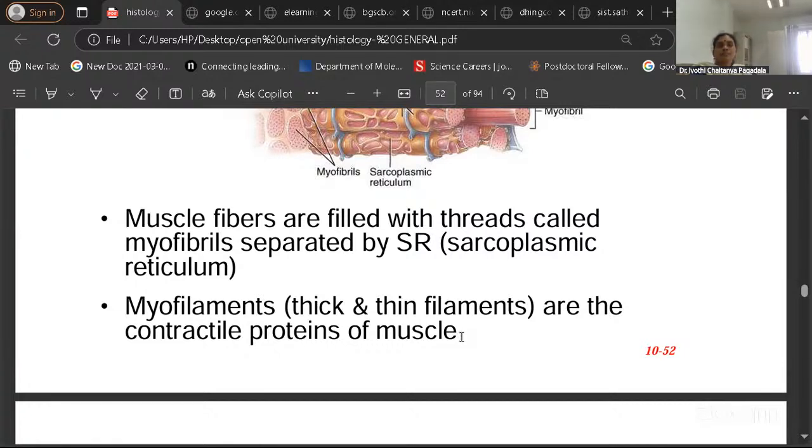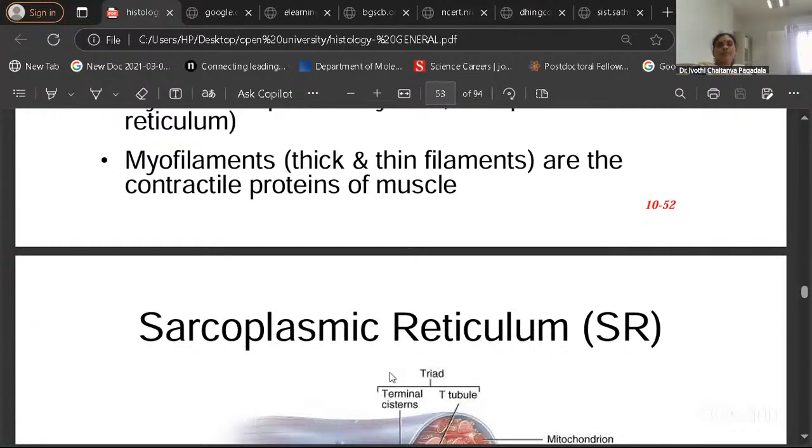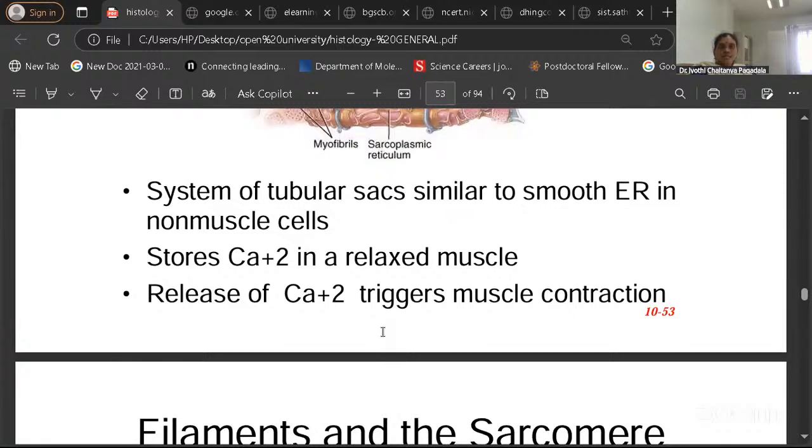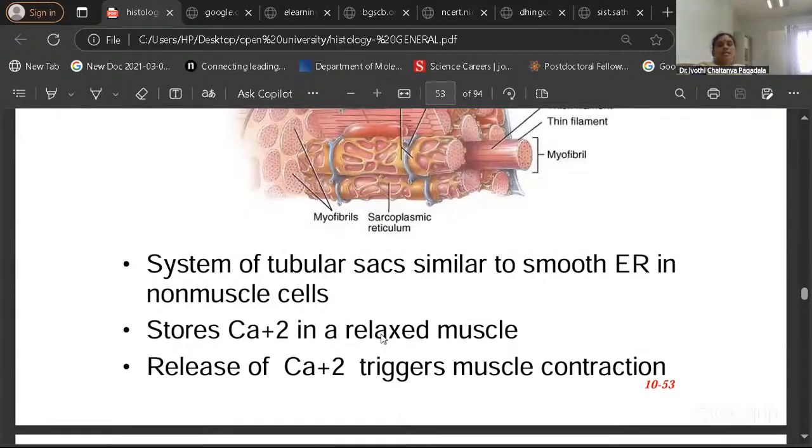Myofilaments, thin and thick filaments, are the contractile proteins of the muscle. The sarcoplasmic reticulum is a system of tubular sacs similar to smooth endoplasmic reticulum in non-muscle cells, which stores calcium ions in a relaxed muscle. Release of calcium ions triggers muscle contraction.